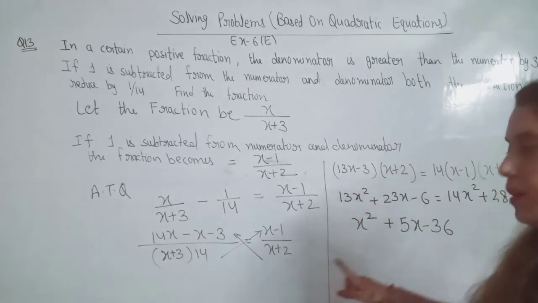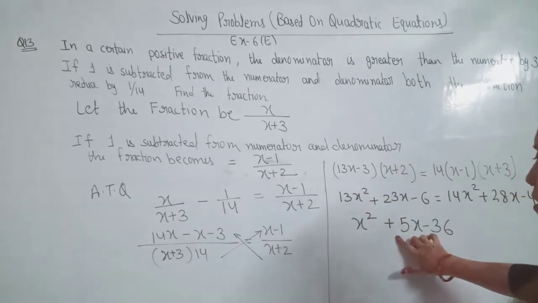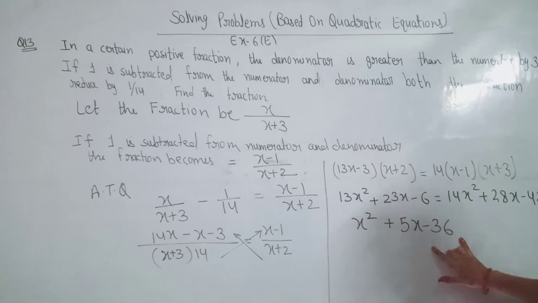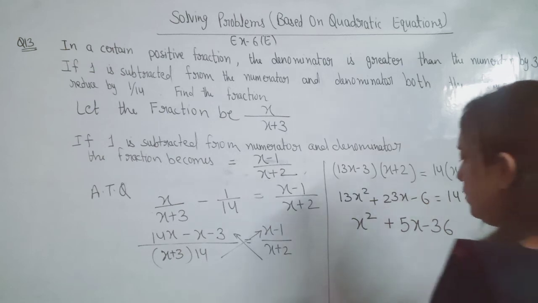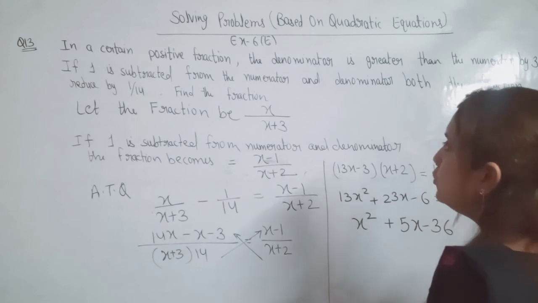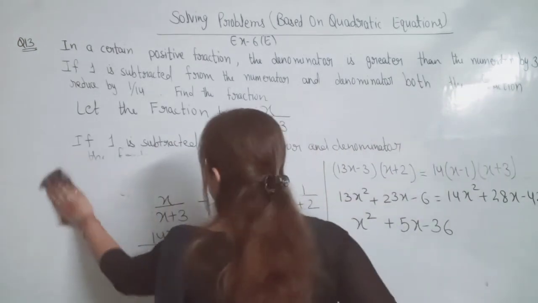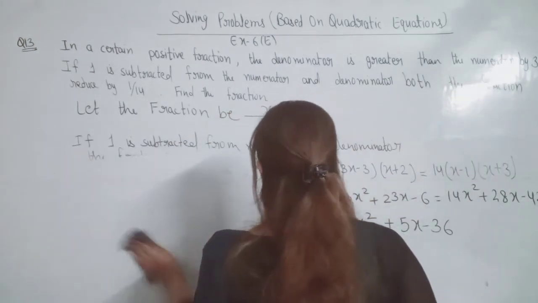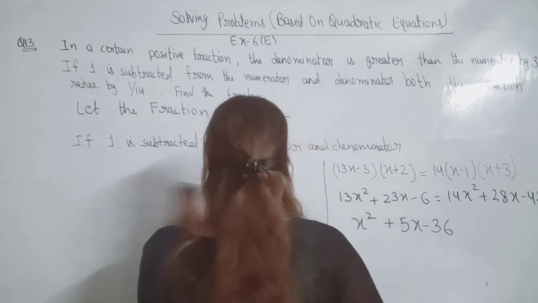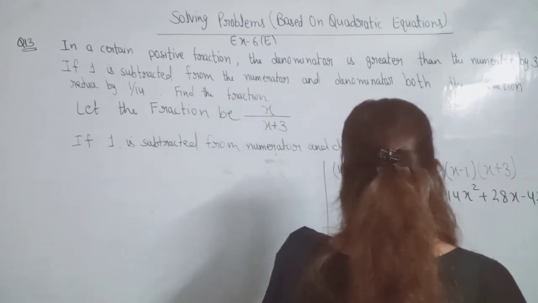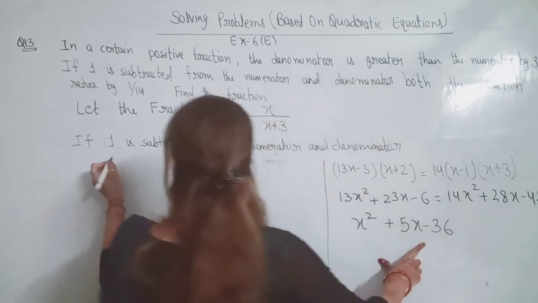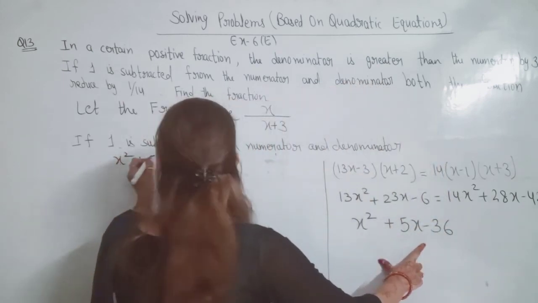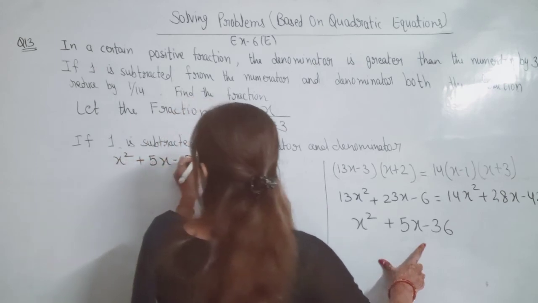The final quadratic equation will be x square plus 5x minus 36. Now we will do the middle term splitting method. So x square plus 5x minus 36.